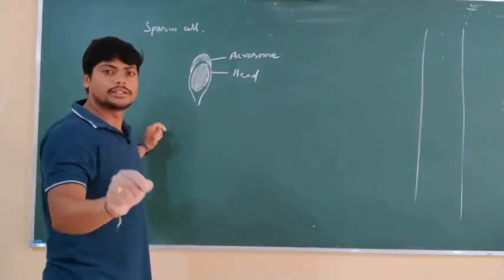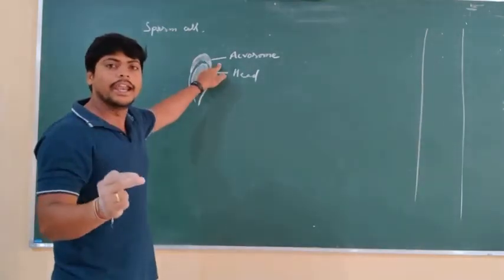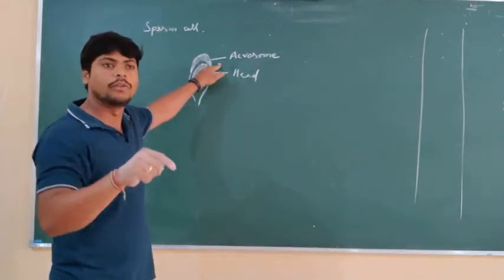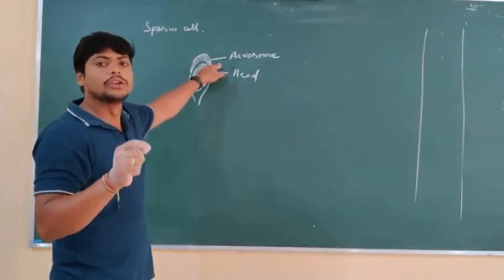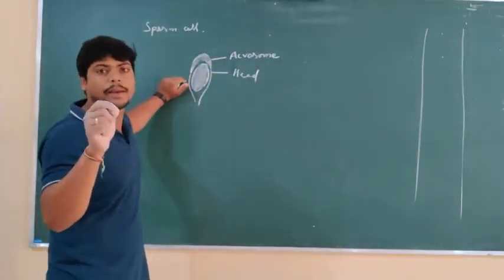The importance of the acrosome is that it helps in degrading the ovum membrane to release the nucleus of the sperm cell.